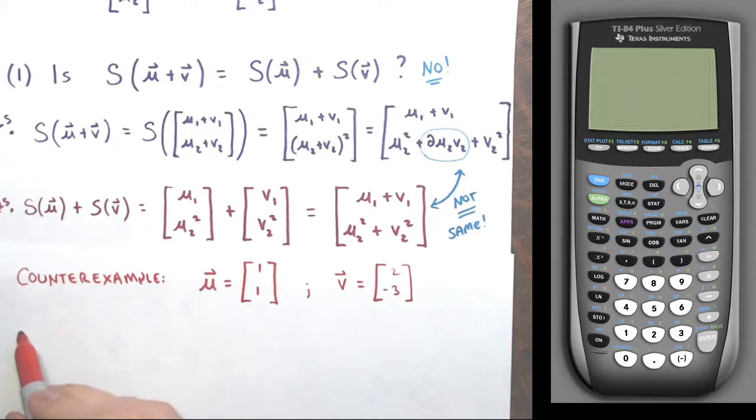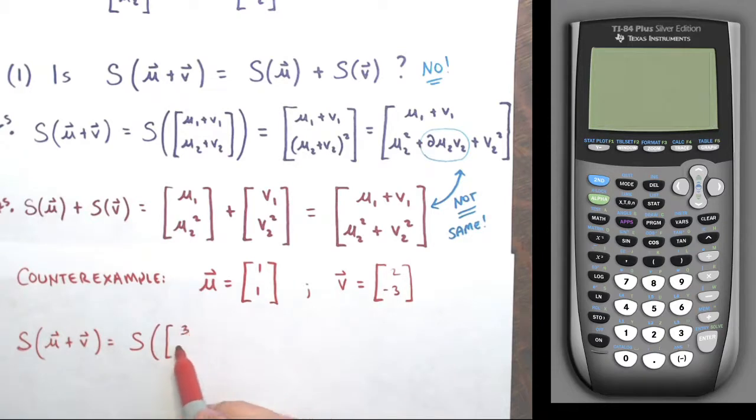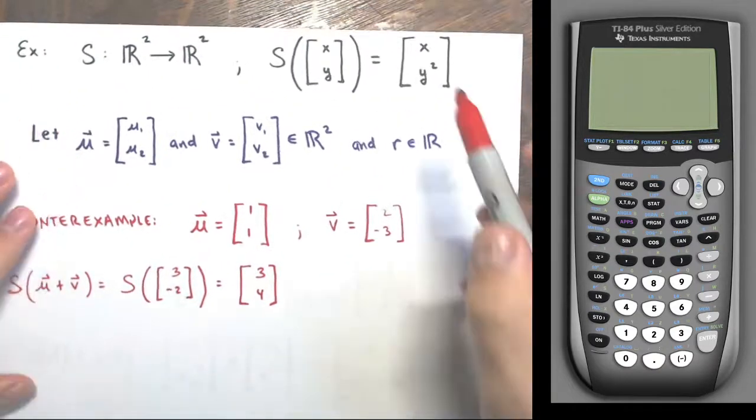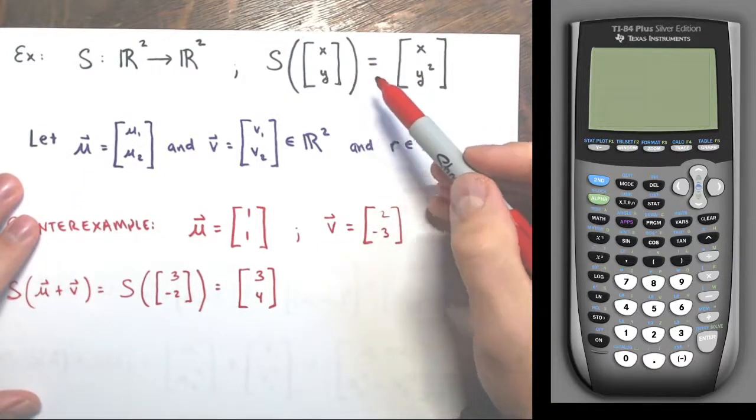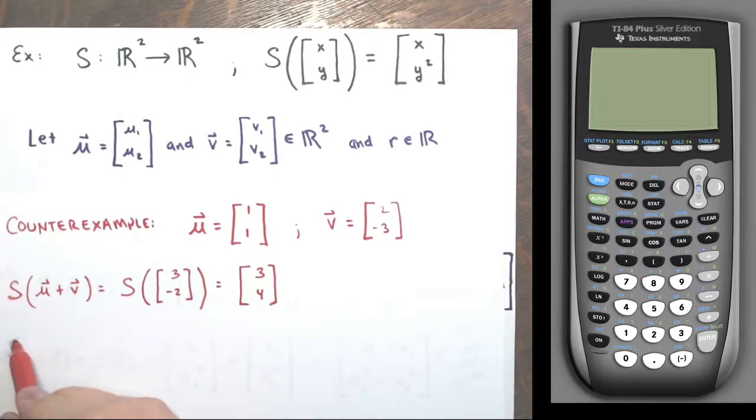All right, so let's look at what's S, the value of S at u plus v. That's the value of S at the vector u plus v, which is 3, -2. So that output would be 3, 4. Right? Because remember that we're applying the rule, same first component, and then the square of the second component, so -2 squared, 4. And then that's the left side, and what's S of u plus S of v?